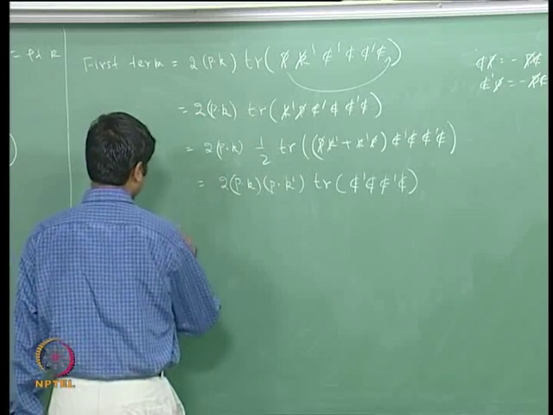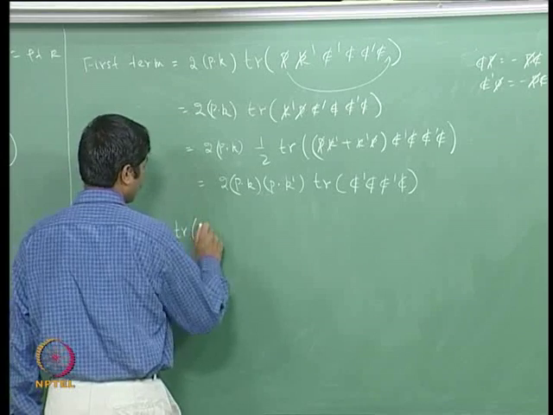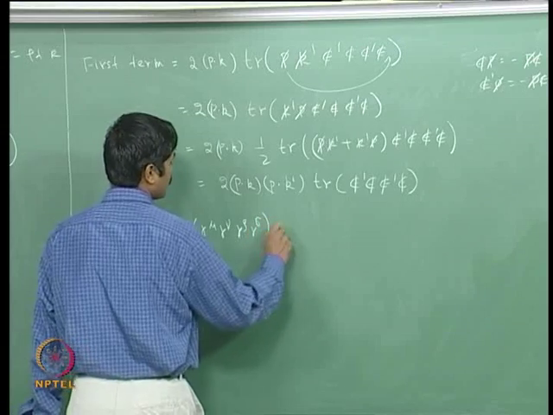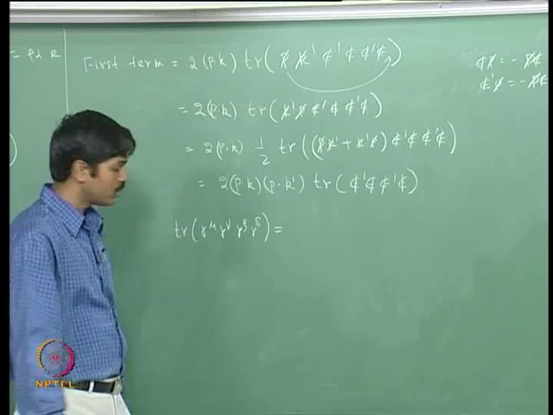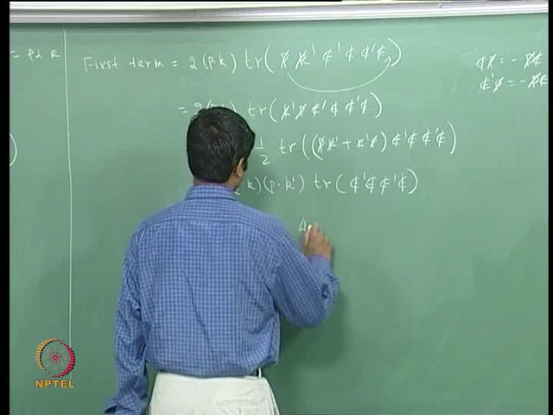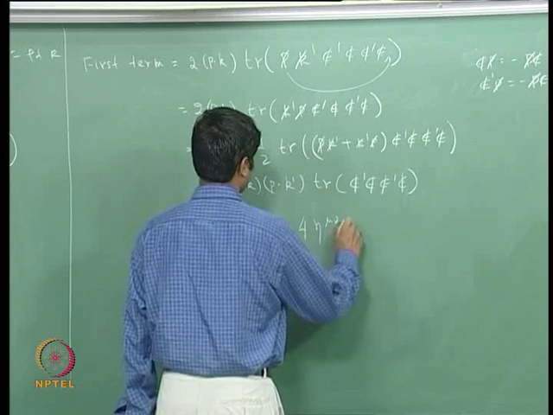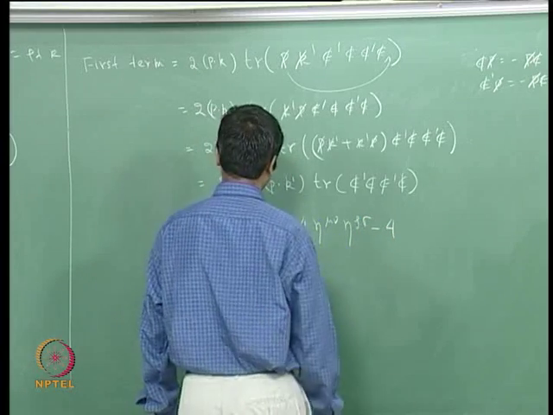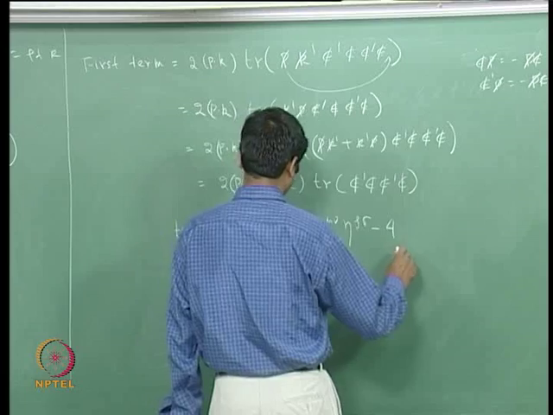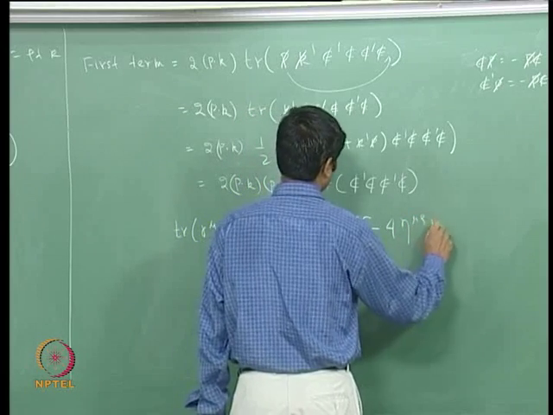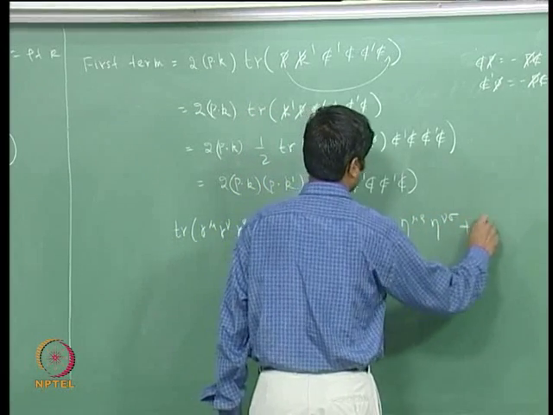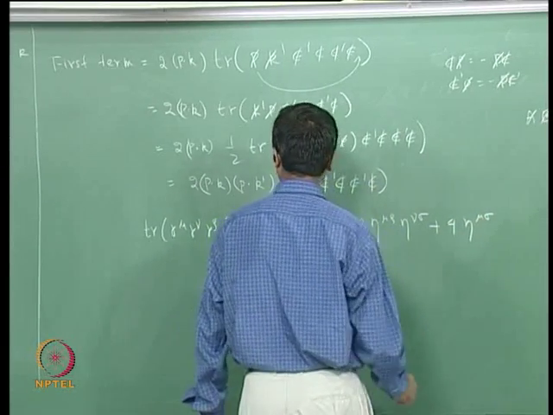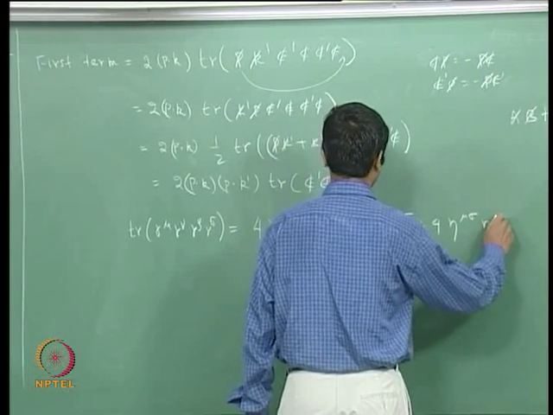So, what I will show now is that trace of gamma mu, gamma nu, gamma rho, gamma sigma is equal to 4 eta mu nu eta rho sigma minus 4 eta mu rho eta nu sigma plus 4 eta mu sigma eta nu rho.